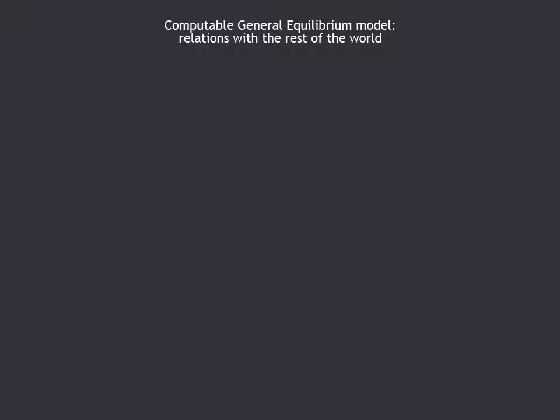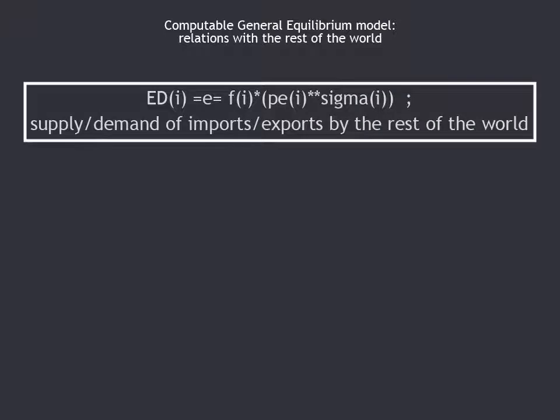Okay, so we have the assumption that the world price varies with exports or imports of this country. So we've got a relation which is ED in sector i is equal to F in sector i, a constant, times PE in sector i, that is to say the world price, to the power sigma in sector i.